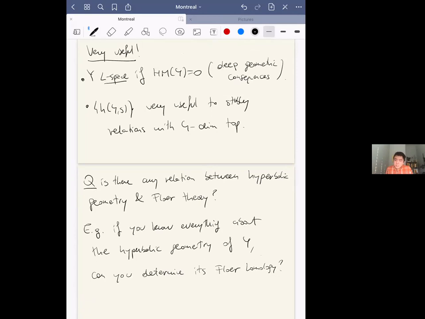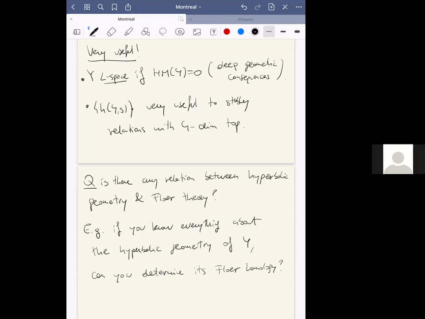The L space conjecture is proved in the case of graph manifolds, which is the case in which the JSJ decomposition has no hyperbolic pieces, and the hardest case is the hyperbolic case. So if we had some understanding of Floer homology for hyperbolic manifolds in terms of hyperbolic geometry, maybe there's some way to understand the L space conjecture in that sense. I don't know if this answers your question.